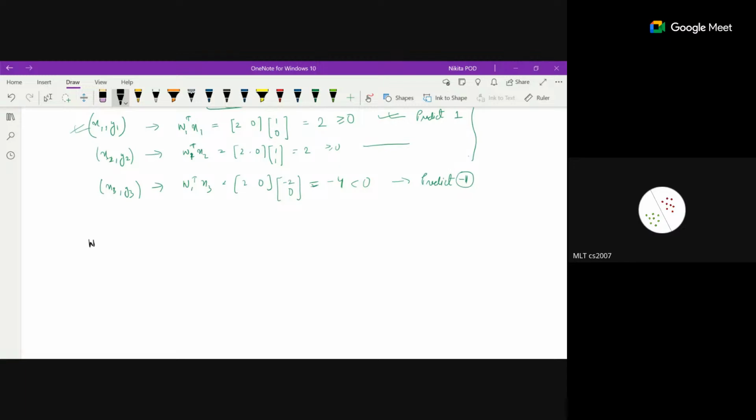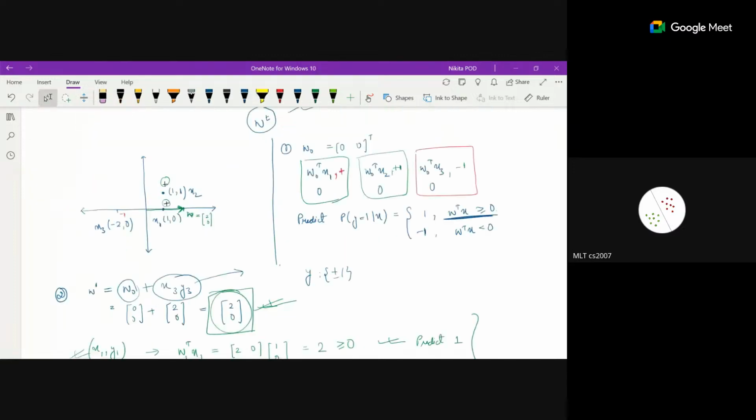For those misclassified data points, if you do the update, maybe you get a new W which is now going to misclassify more points than it was previously. You try to take care of one data point, and it might affect other data points because the data is continuously changing.